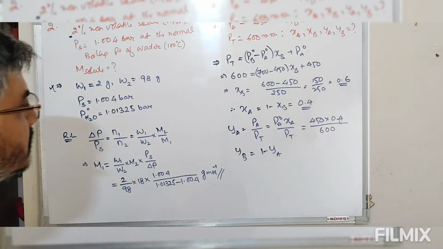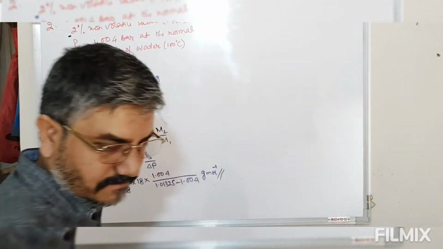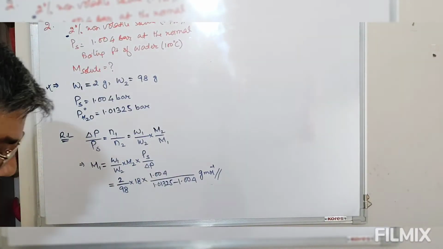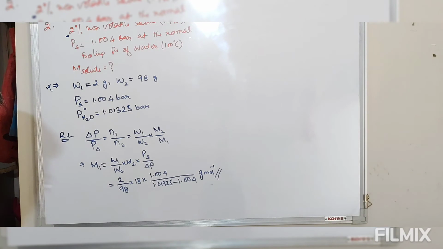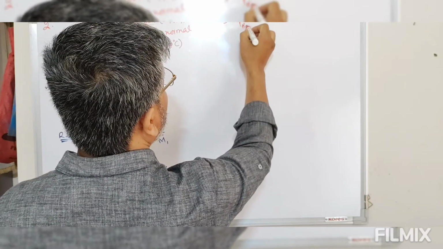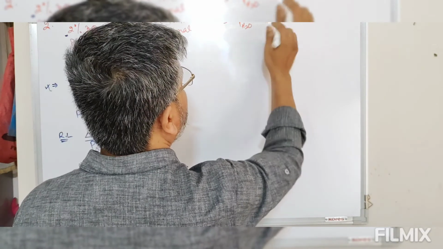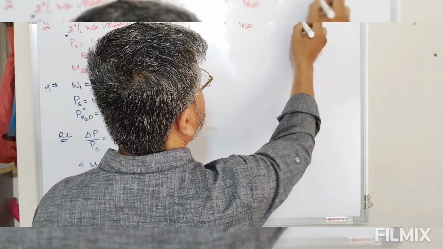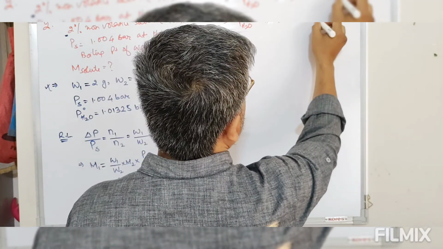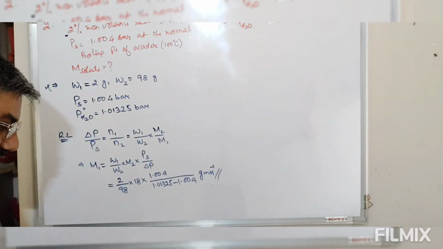Now let's take some more examples here. Question: the vapor pressure of pure water is given as 12.3 kilopascal at 300 K. At 300 K, the vapor pressure of pure water is given as 12.3 kilopascal.